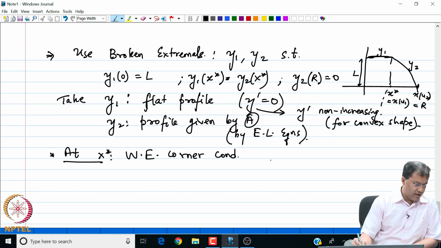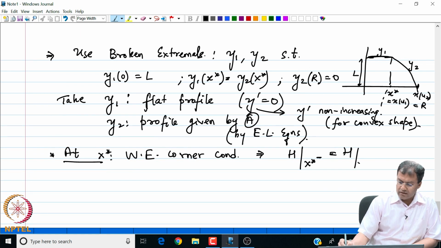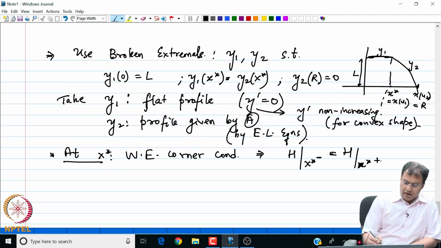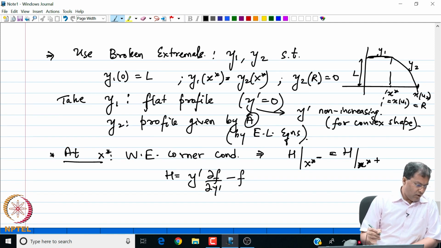Which means that h at x star minus must be equal to h at x star plus, from the left must be equal to the right, where my h is this Hamiltonian function, y prime del f del y prime minus f.